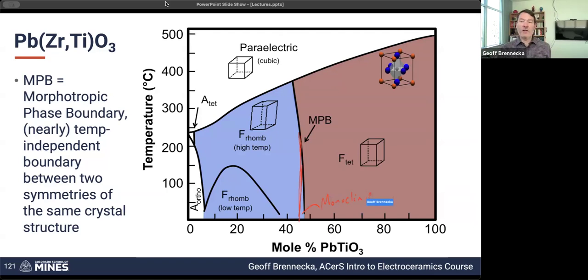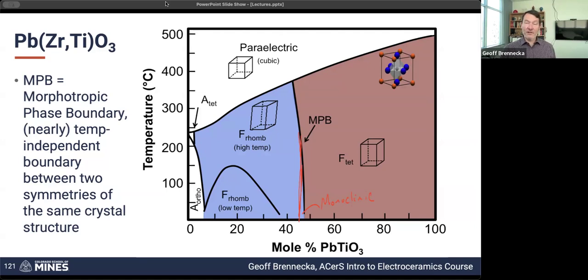And having that extra monoclinic phase in there is another reason that the PZT system gives so much better response at that morphotropic phase boundary, because now you don't just have two phases that are competing, you actually have three. And it was a really tricky thing to find that, because people have been making PZT for decades.